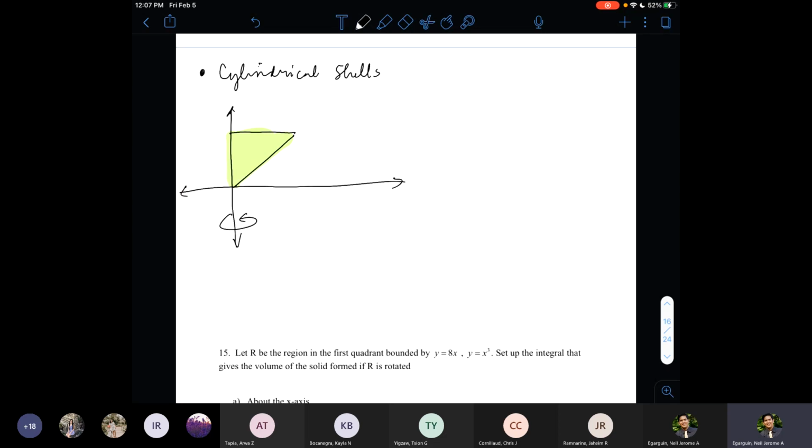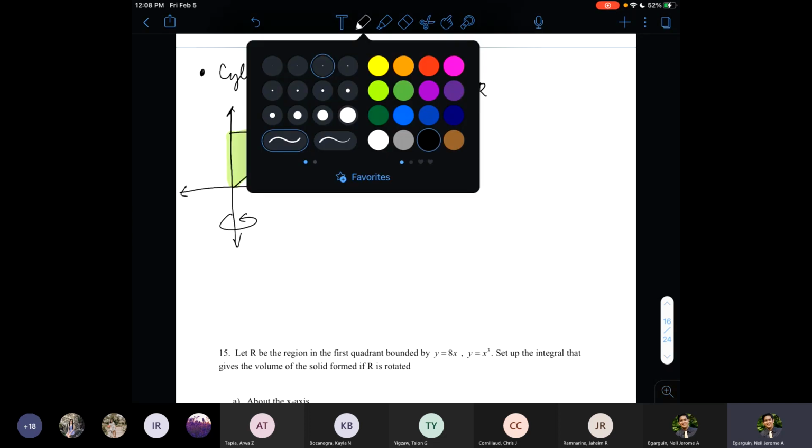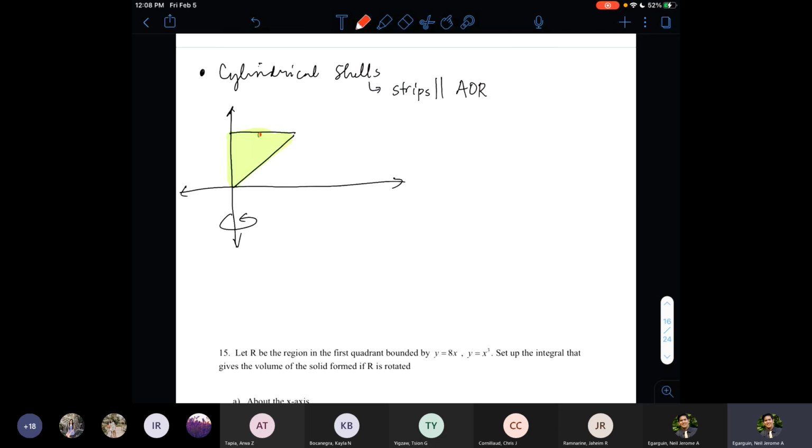Now, for the cylindrical shell method, this requires strips to be parallel to the AOR. The double bar here represents parallelism. So here the strip should be parallel to the AOR. In this example, my axis of revolution is vertical, so I need to use vertical strips.